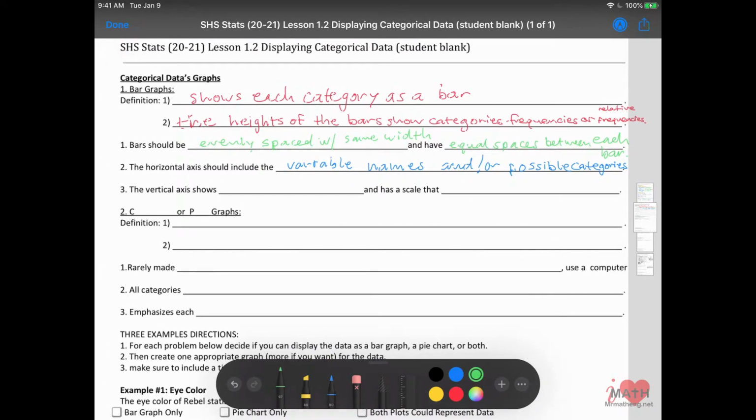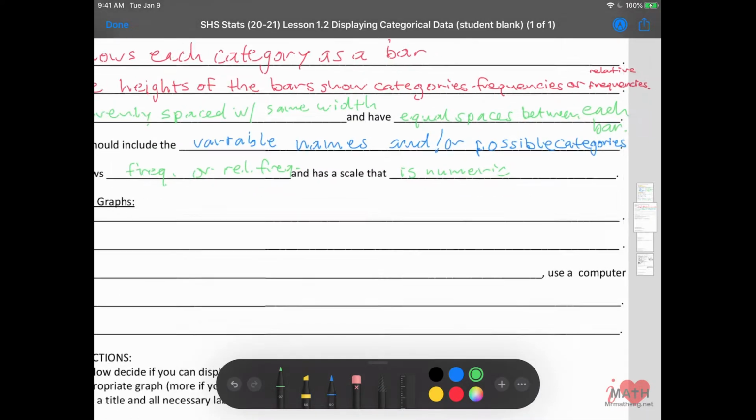All right, the vertical axis is going to show us the frequency or relative frequency. And it has a scale that is numeric and starts at 0.